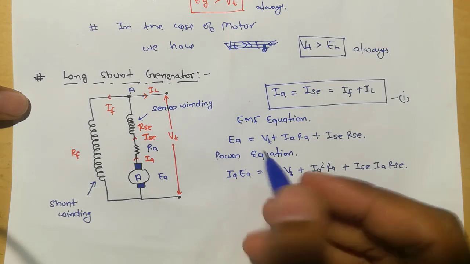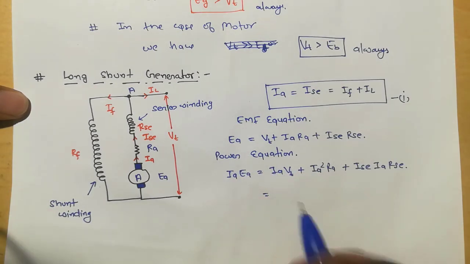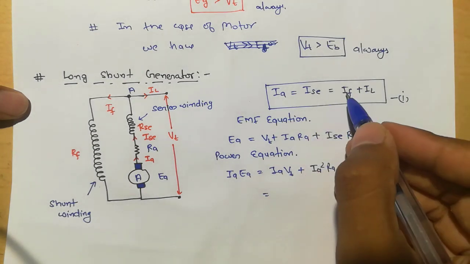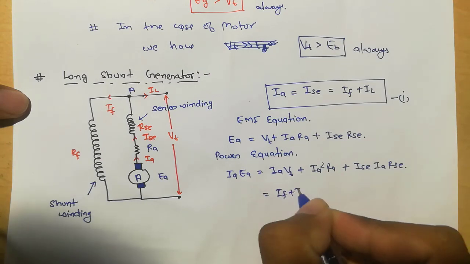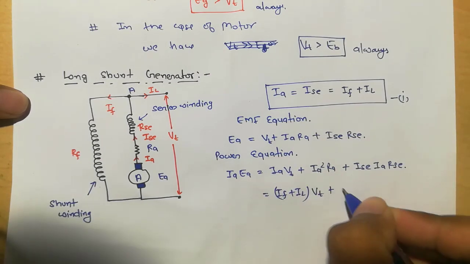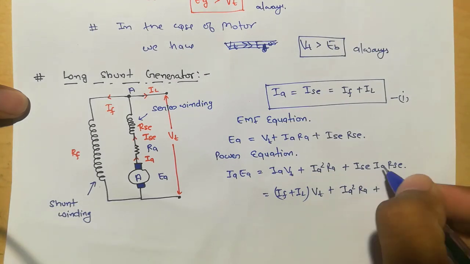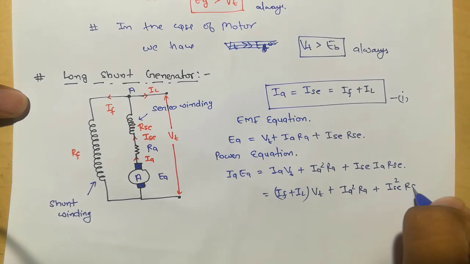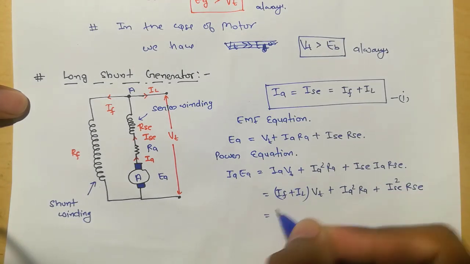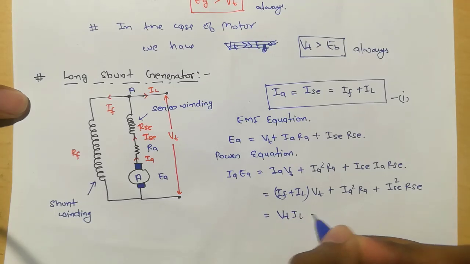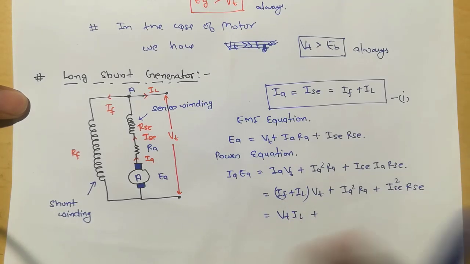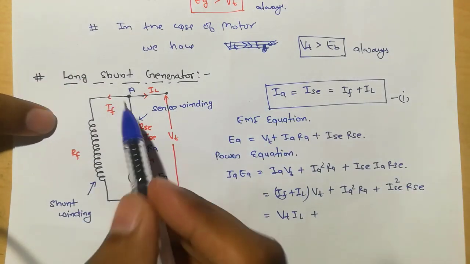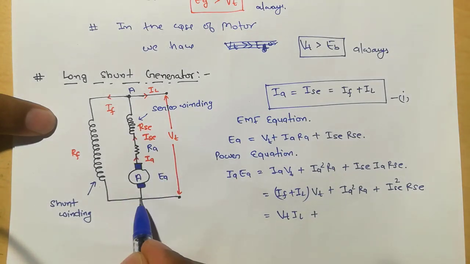Now here put the value of IA, which is equal to IF plus IL. This gives VT IL plus IF VT plus IA square RA plus ISE square RSE. The voltage across the shunt winding is also VT. From this terminal to this terminal, the voltage is VT.